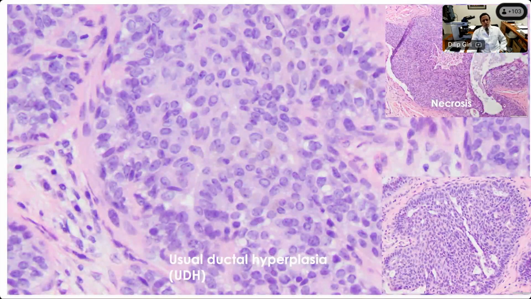So again, to summarize what we saw, here is another focus of usual ductal hyperplasia, where we see jumbled up cells, some of them with overlapping of nuclei. These cells are bland, appearing with vesicular nucleus, small nucleoli. And in fact, some of these nuclei actually show nuclear inclusions.